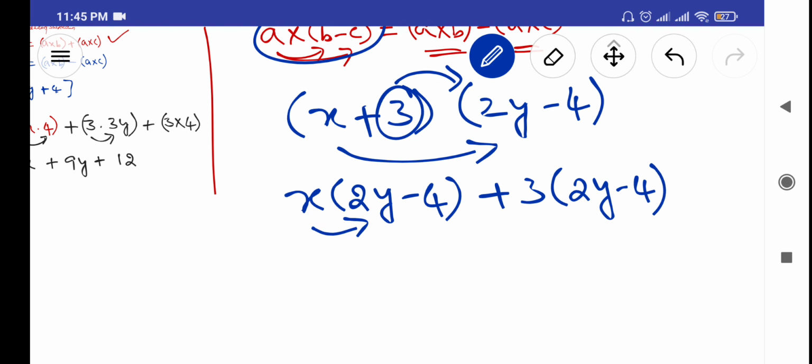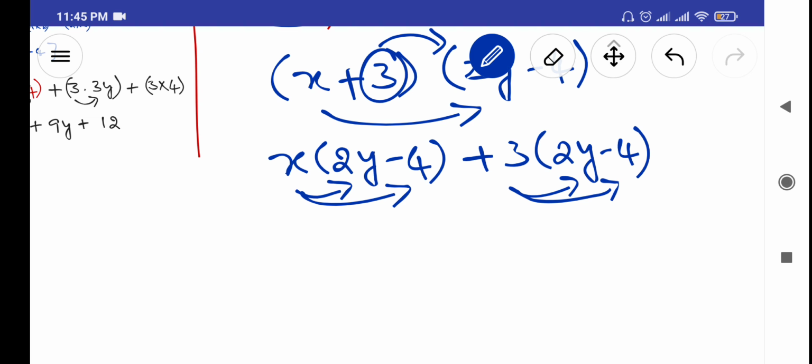First x into 2y and x into minus 4, 3 into 2y and 3 into minus 4. When you are multiplying, you have to multiply along with the sign. So x into 2y, and x into minus 4 gives minus x into 4.